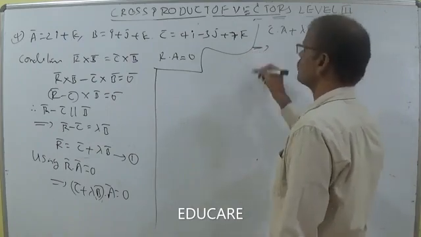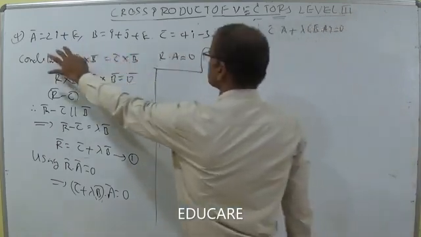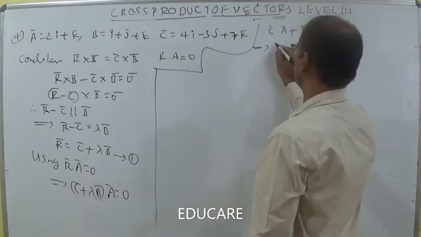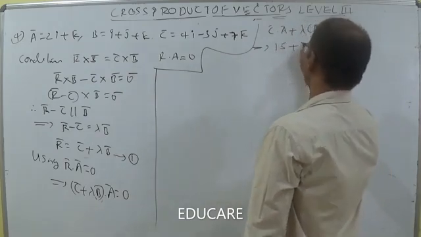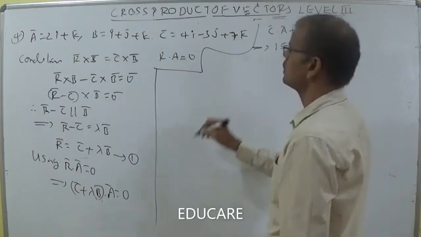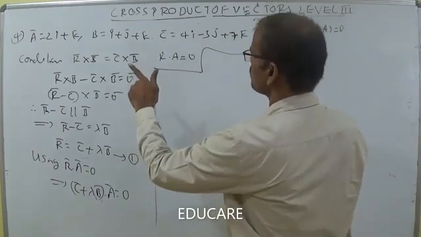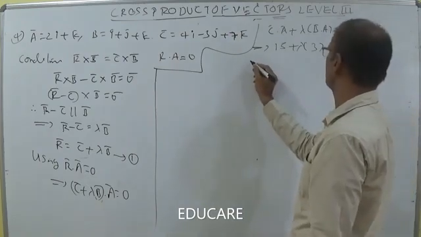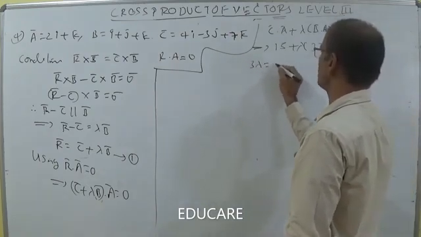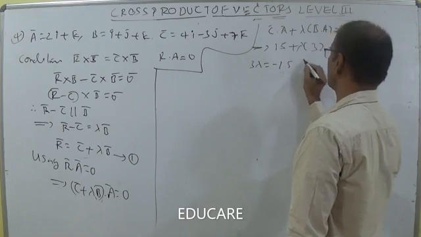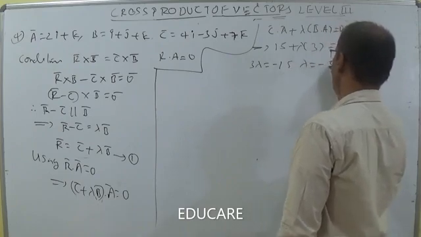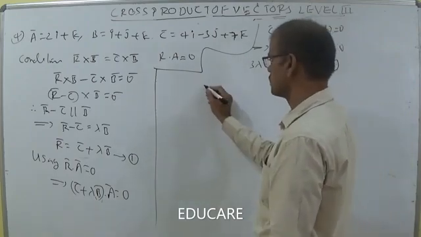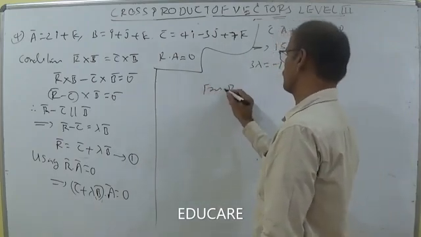Using the given vectors, C dot A is 8 plus 7, it is 15, plus lambda into B dot A, it is 2 plus 1, it is 3, equal to 0. I think already in level 3 we did this. 3 lambda is equal to minus 15, lambda is equal to minus 5.